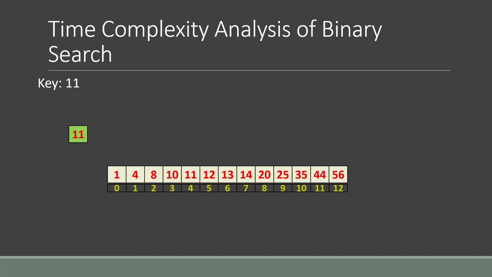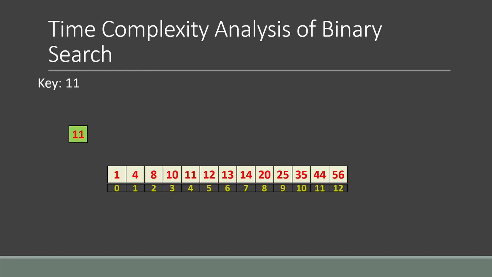Suppose this is a given set of array. We know in case of binary search, the array must be in sorted order, and the element to be searched is 11. Now what we need to do? We need to divide the array into two halves and look for 11. If you go through our previous video on binary search, then you will find out how we will be searching for the value 11.